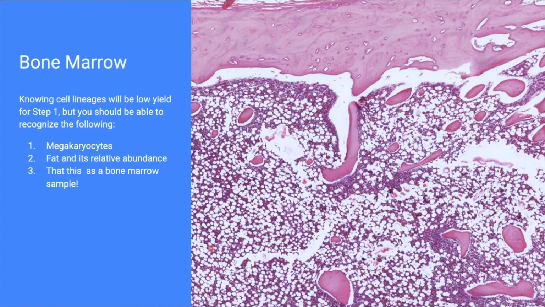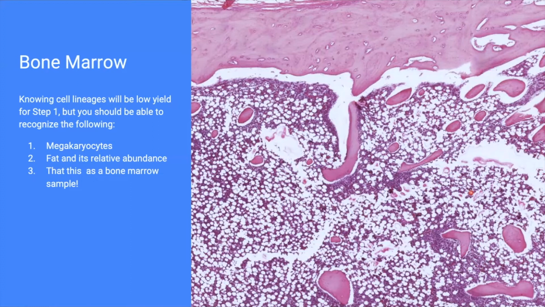But if they show you just adipose tissue in what they call a bone marrow sample, then you should be thinking of processes like myelodysplastic syndromes, like myelofibrosis.